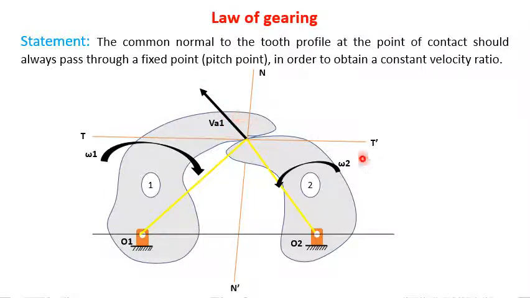Similarly, for the second body, its linear velocity is perpendicular to its line, so perpendicular to this, draw a line. Now I am going to represent the angle made by the first velocity with respect to the common normal as alpha, and the angle of the velocity of the second body with respect to the normal as beta. Now I am going to join the endpoints of the velocities using a straight line.